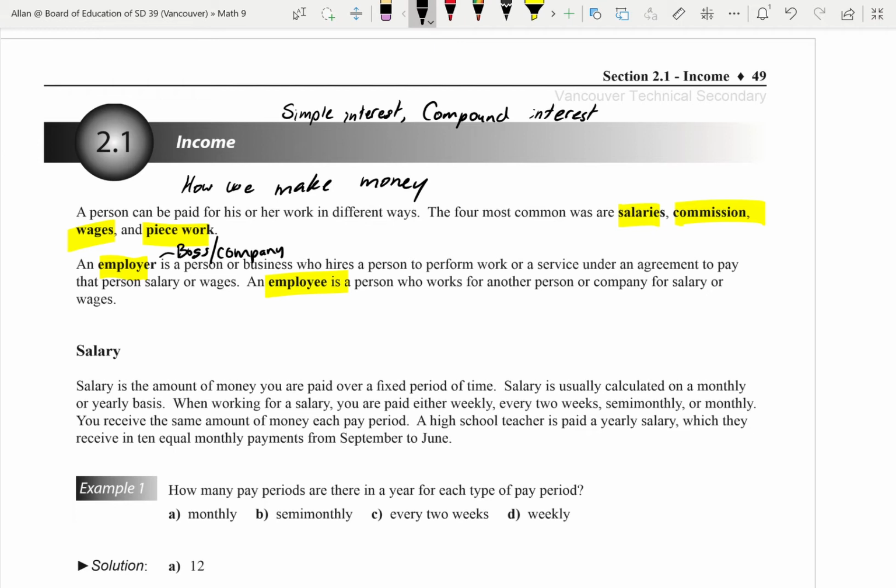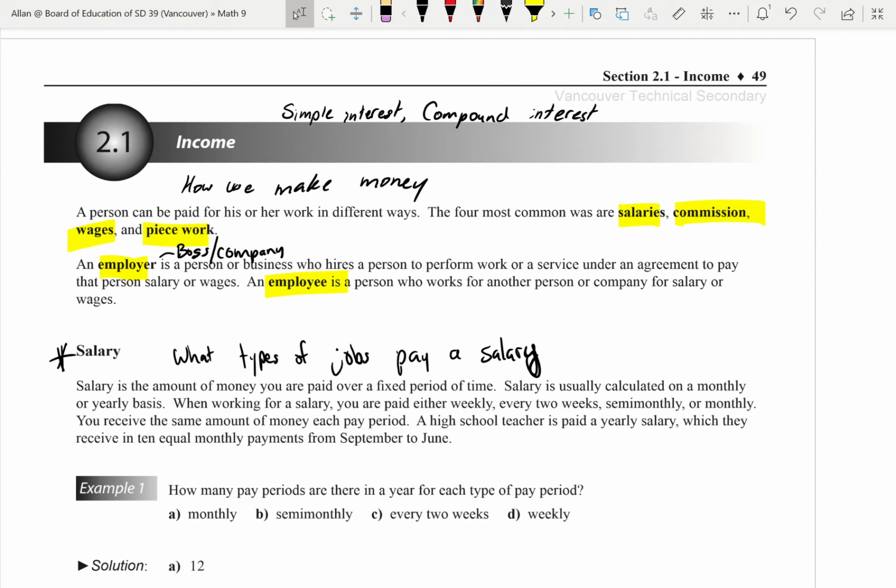The first part we're going to talk about is salary. First up, I want to talk about what types of jobs pay a salary. As I go through this, I want you to think about what types of jobs pay or would pay as a salary.